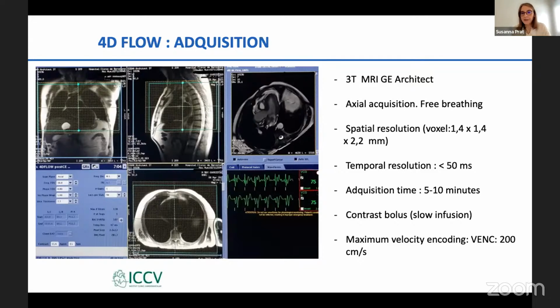I write here 200 centimeters per second, because if we take all the studies that we are performing, this will be the average. But of course, if we are scanning a stenosis, maybe we need to go up from this. And in Fontan patients, maybe we need to go down to lower velocities.